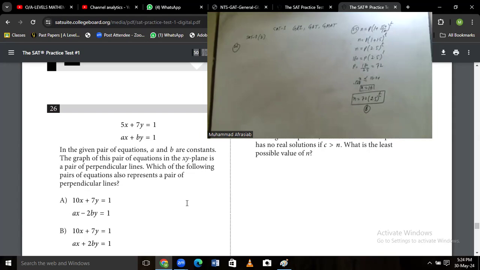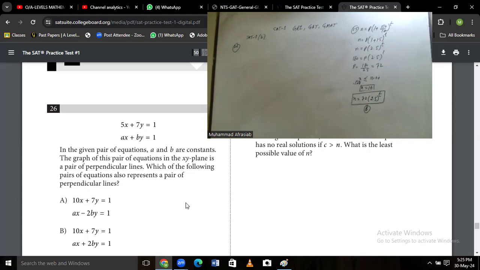It is given that a and b are constants in this pair of equations. The graph of the pair of equations in the xy plane is a pair of perpendicular lines. Which of the following is the equation which represents a pair of perpendicular lines?